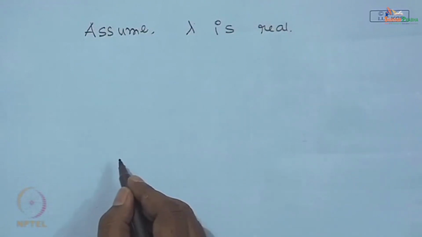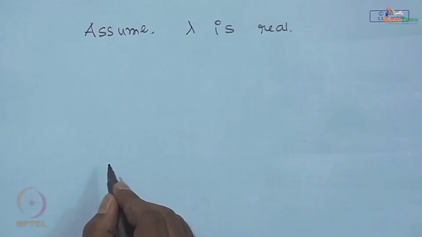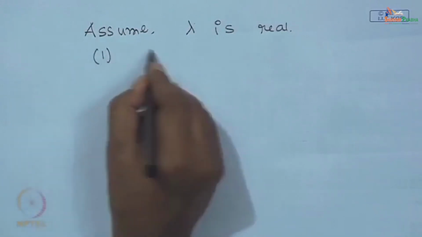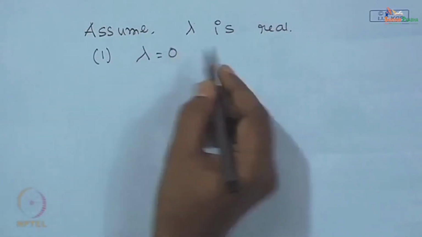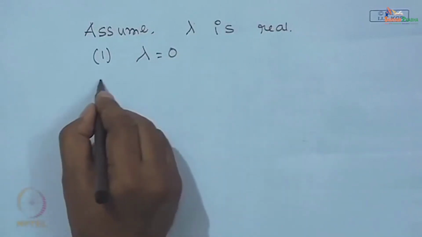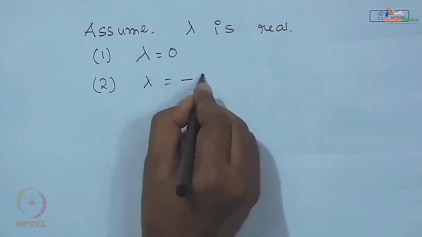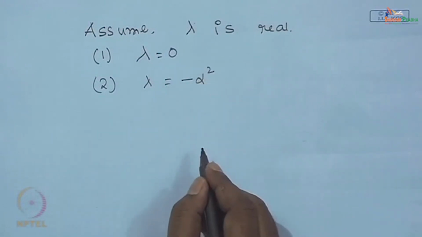If lambda is real, then there are three possible values lambda can assume. Number 1, lambda is equal to 0. So, that is possibility 1. Second, lambda is negative, let us say it is minus alpha square.